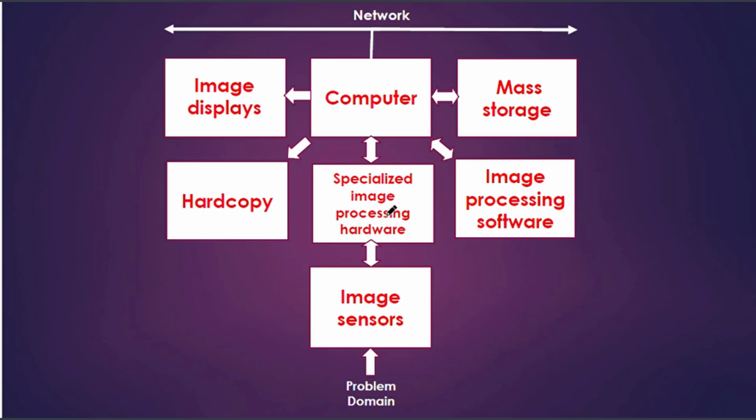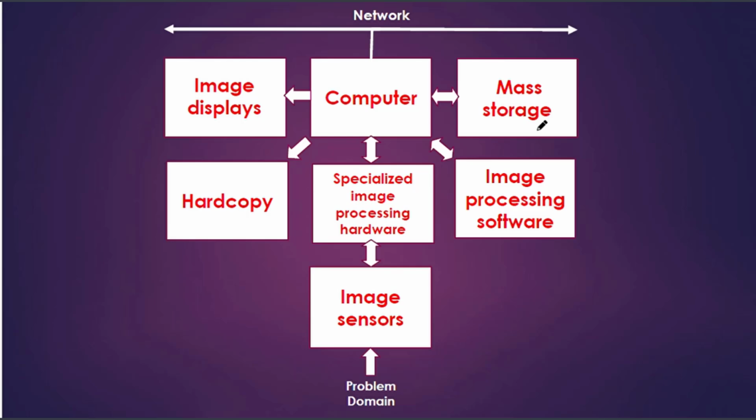Then we need a computer to process this image. To process that image, we need image processing software like MATLAB. And then to store that image or processed image, we need mass storage, and here the mass storage is of very high capacity.